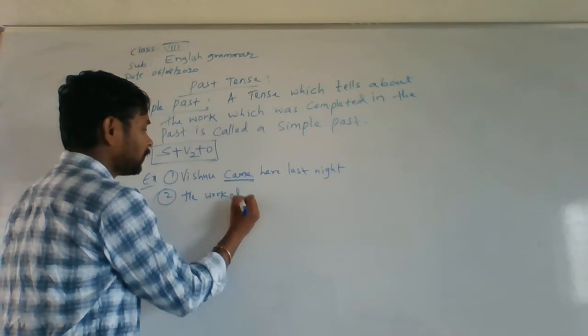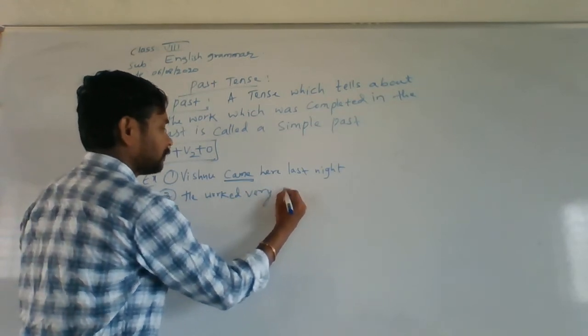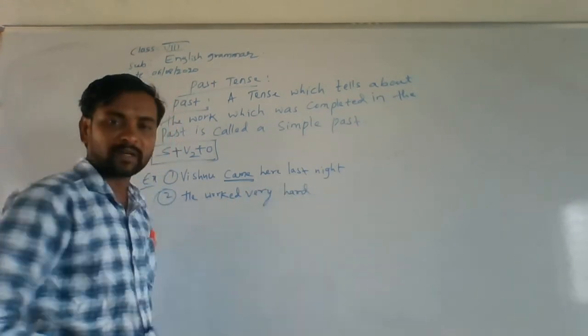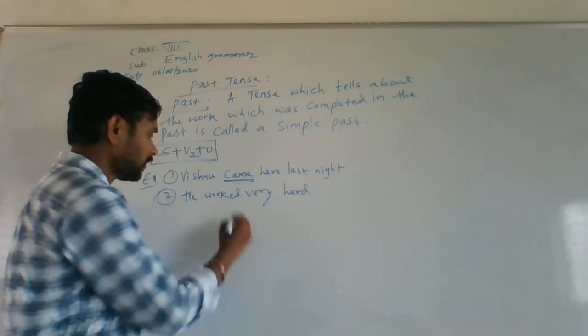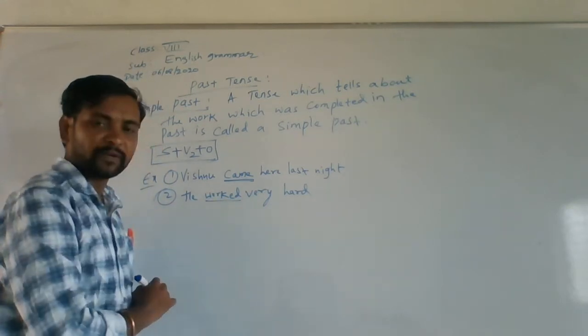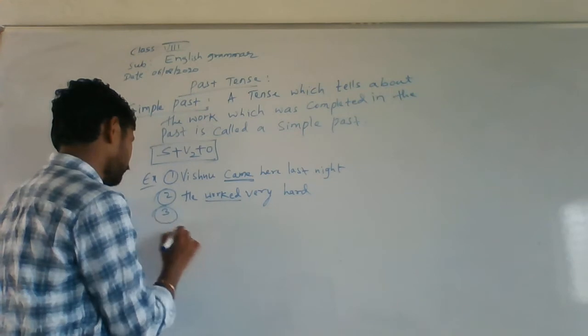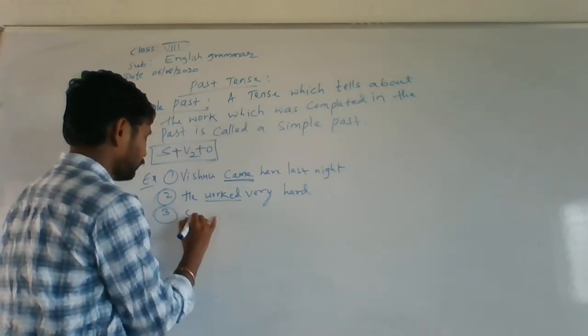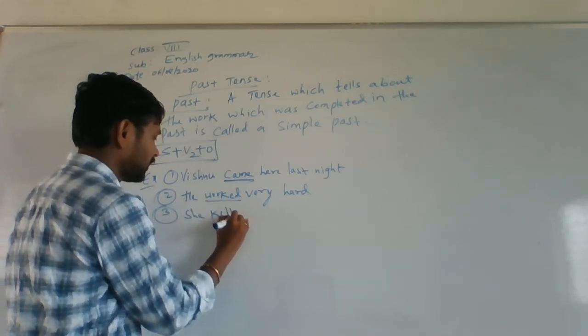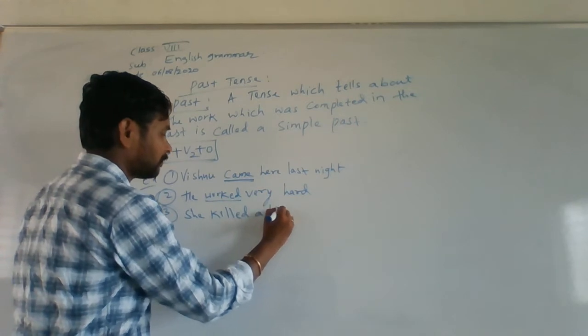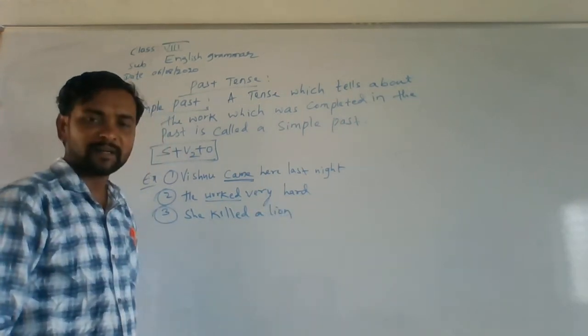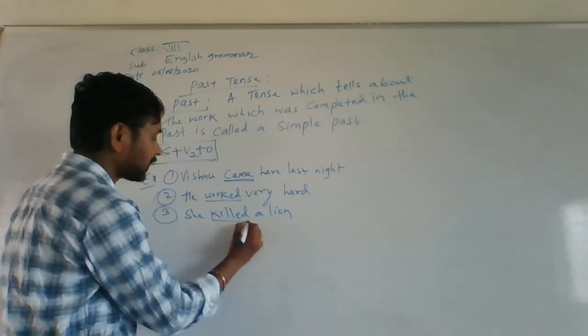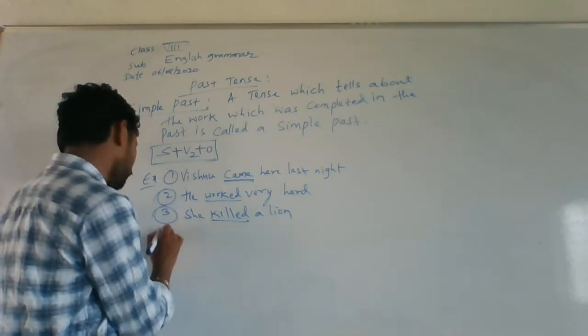He worked very hard. Here worked is a V2. She killed a lion. Here killed, it is what? V2.